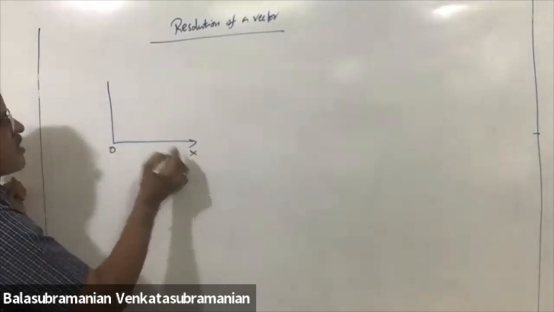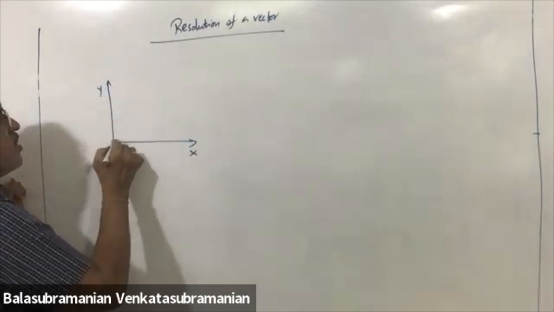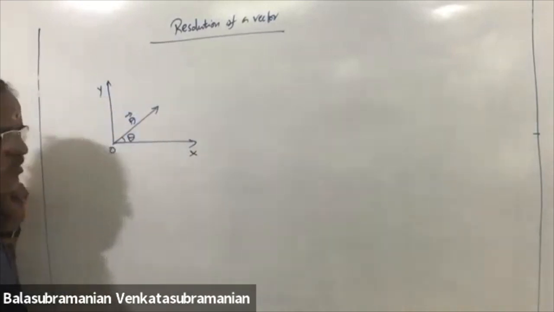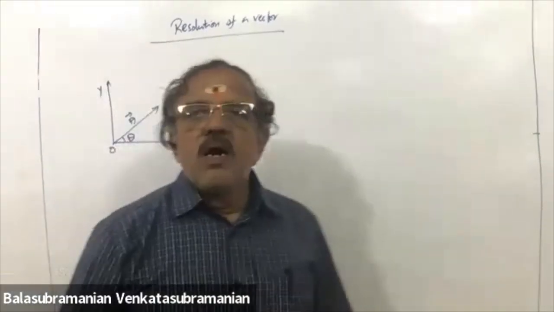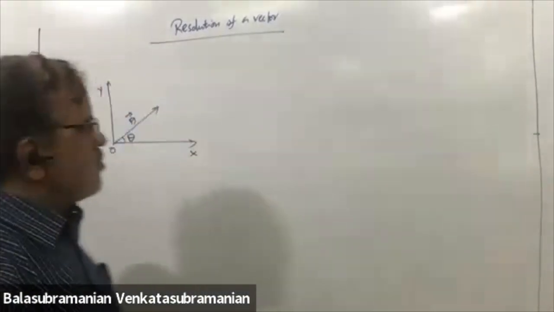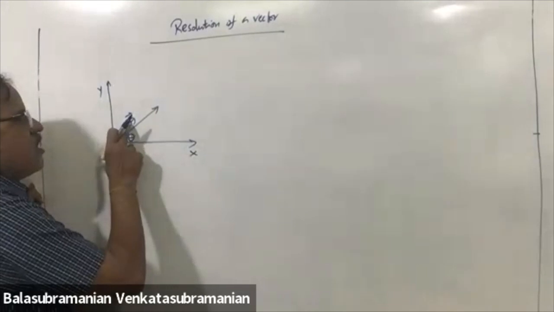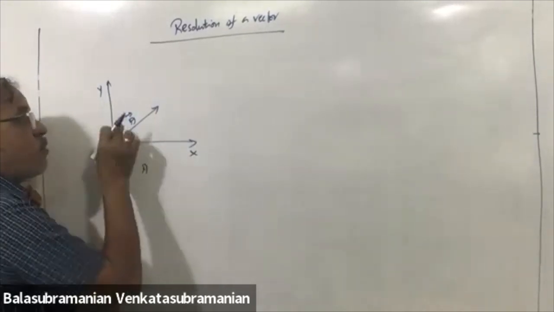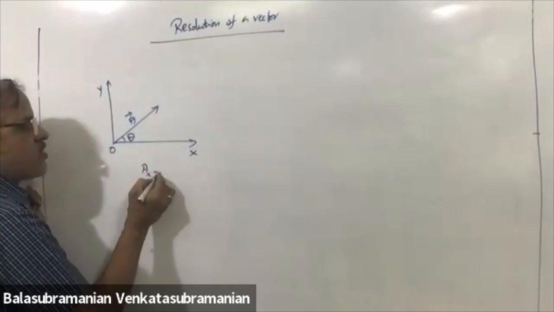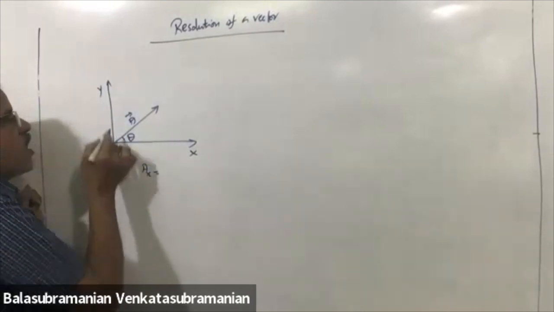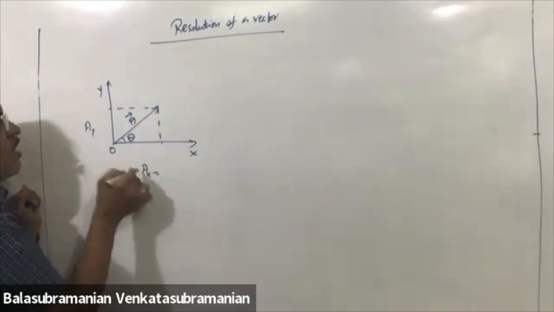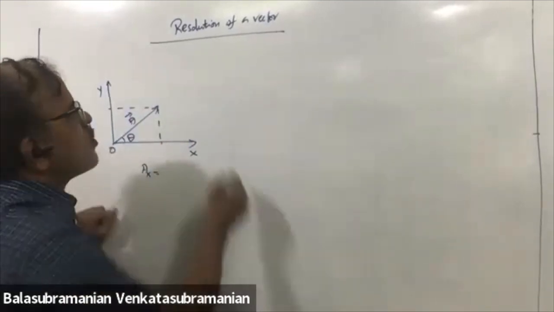origin, x-axis, y-axis. This is vector A making an angle theta. I want to calculate the A vector along x-axis, the component AX, and the component of A along y-axis, AY. That is called resolution.